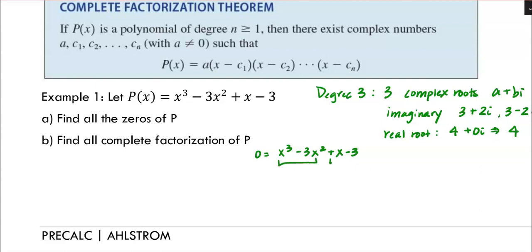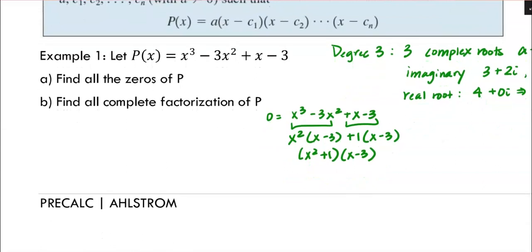Since there are 4 terms, we can group them. We have an x squared plus 1 and an x minus 3. Okay, but then we're not done, because we have to find all the zeros this time. We have to find the complex roots, the imaginary counterparts.